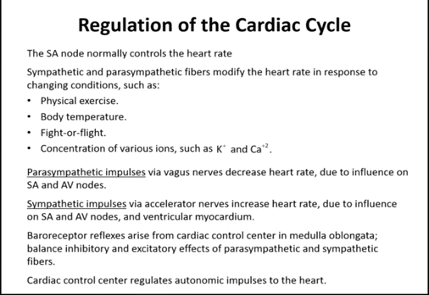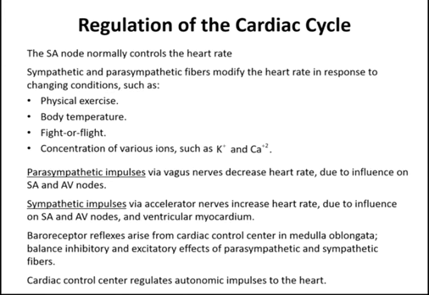Baroreceptor reflexes, right? Baroreceptors detect pressure, like your blood pressure, and you have baroreceptors in your aorta and a few other places in your circulatory system. The reflexes from the baroreceptors arise from the cardiac control center.